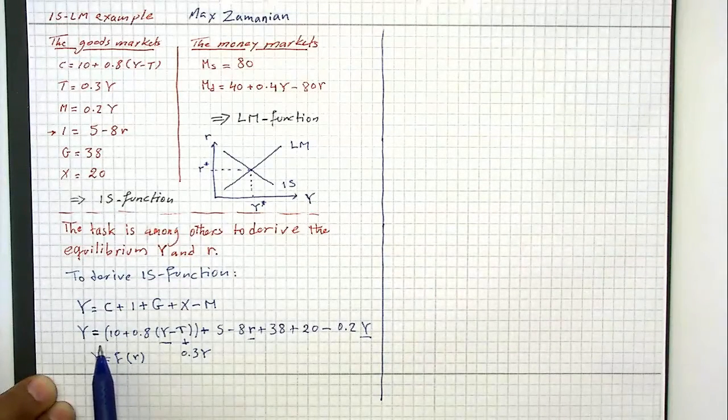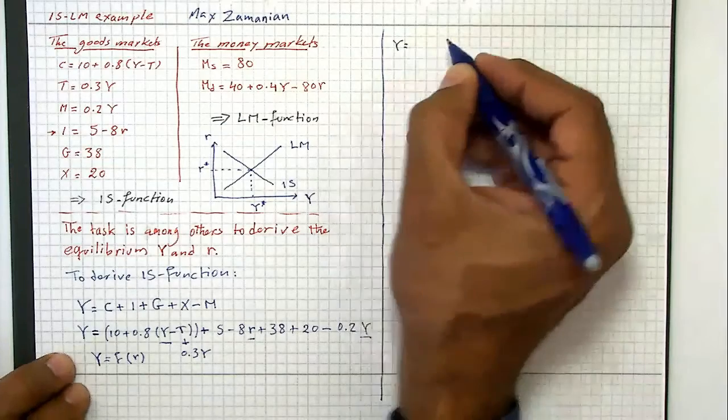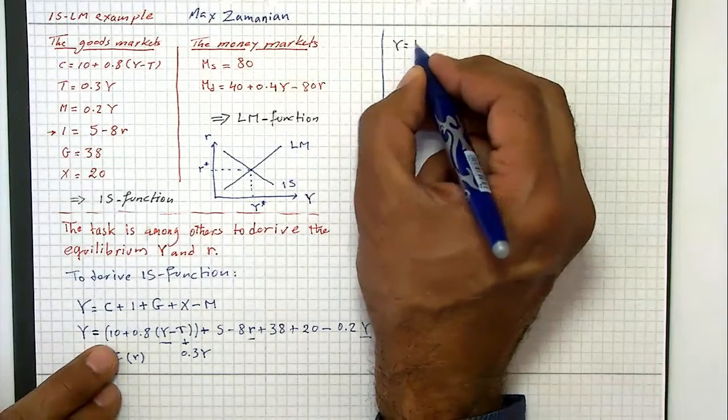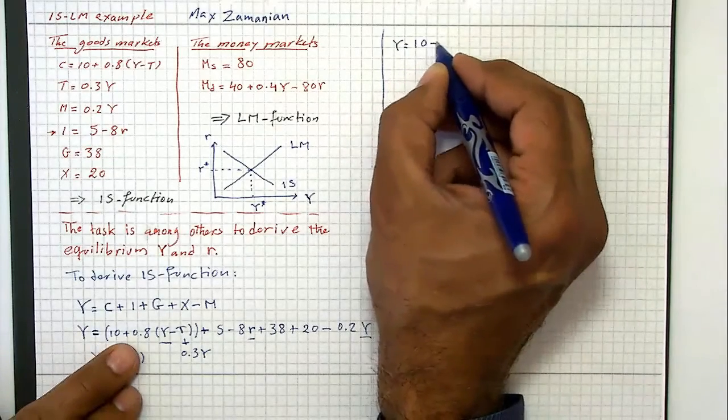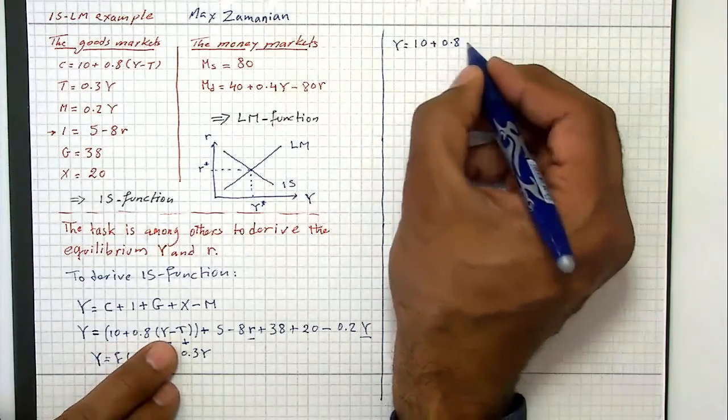We can start by getting rid of all the parentheses. So I rewrite the function again using 10 here plus 0.8 times y.